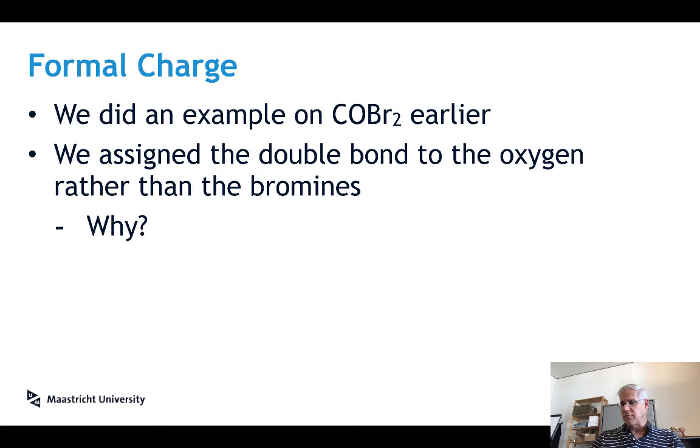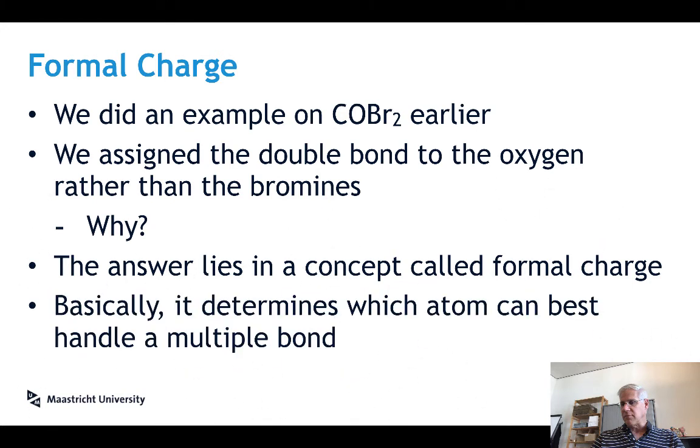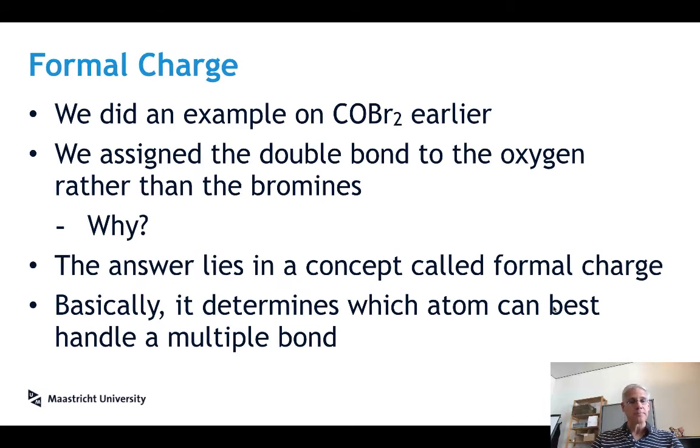So now we want to ask ourselves the question, why? And the answer lies in a concept that we can use called formal charge. So basically, formal charge is a way of splitting up the electrons around. It's an accounting system, and it determines which atom can best handle a double bond. Or if we have the same type of structures, it determines which one might be favored.